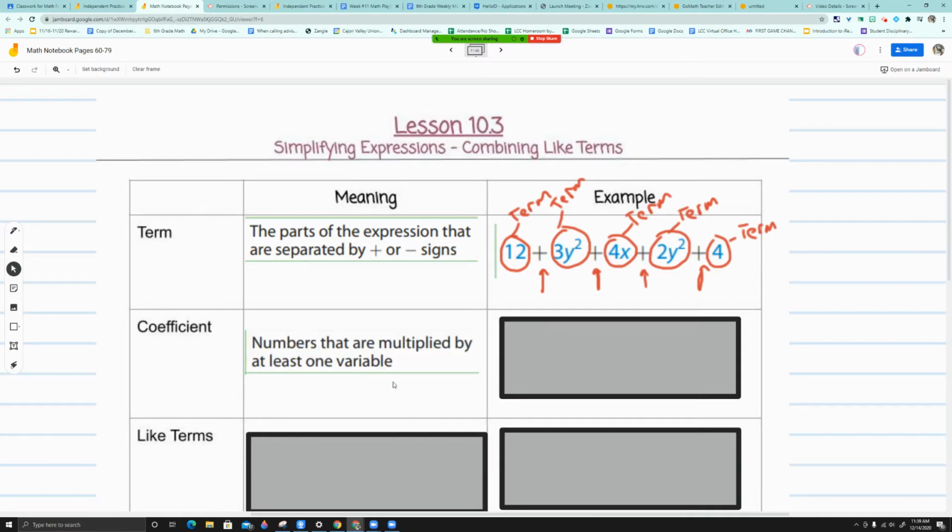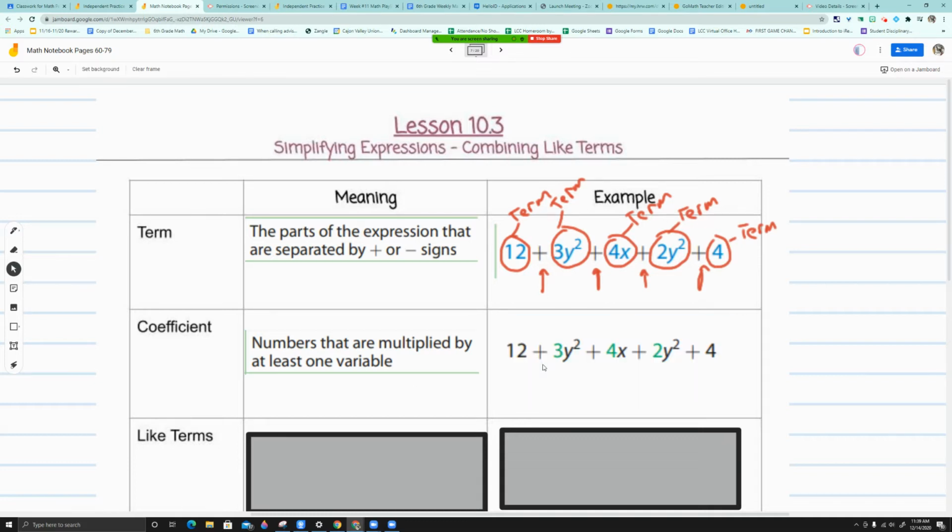Well, numbers that are multiplied by at least one variable is called a coefficient. There you go. So we have 3 times y. This is a coefficient.